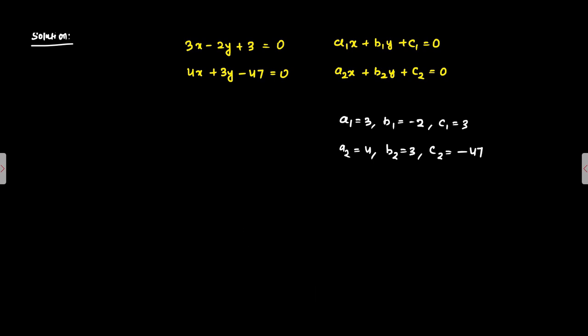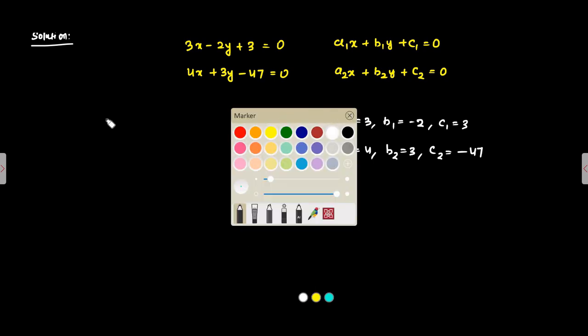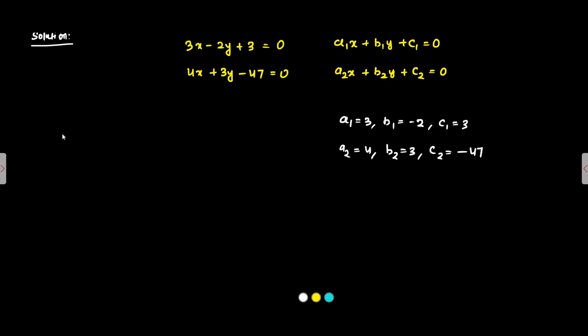So the formula is x by b1 c2 minus b2 c1 is equal to y by c1 a2 minus c2 a1 is equal to 1 by a1 b2 minus a2 b1.